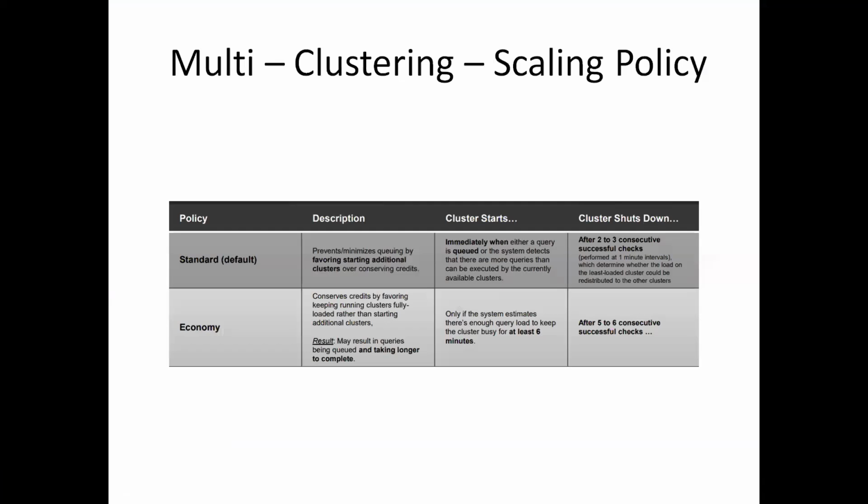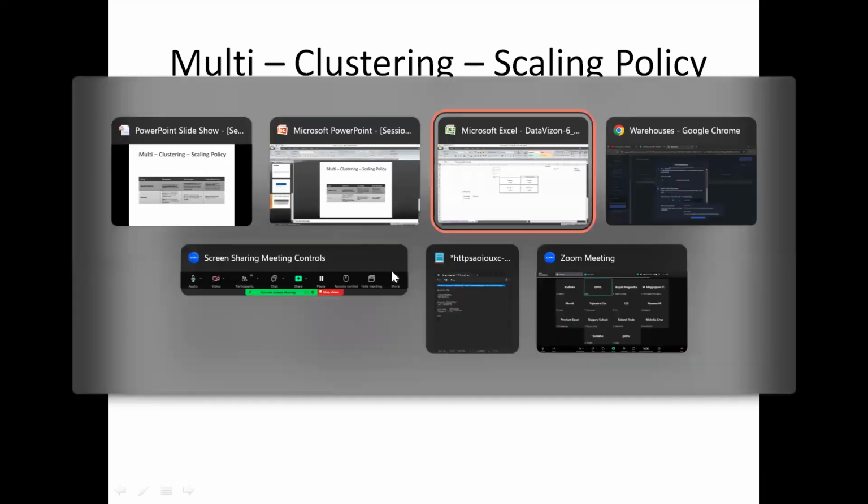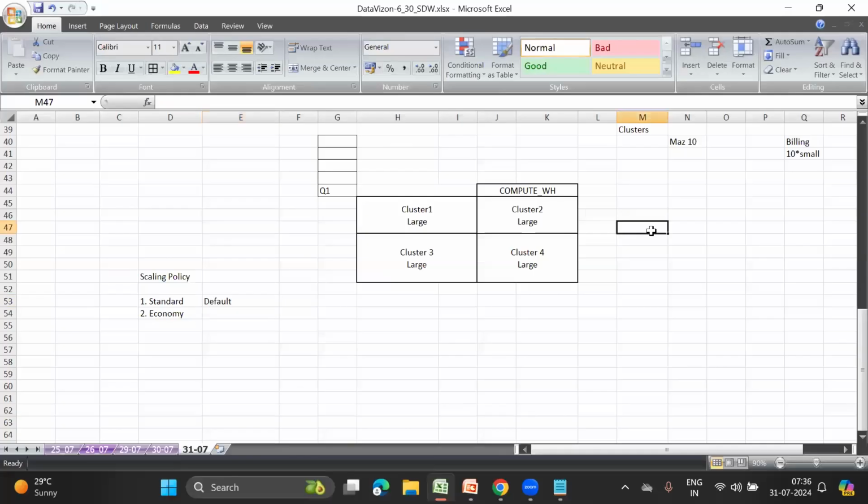So the standard policy says that I do not care about what the bill is going to be. Even if I have to pay for more credits, that is fine, but I want the best performance. I want minimal waiting time for the processing of the query. This is the motto of this scaling policy.